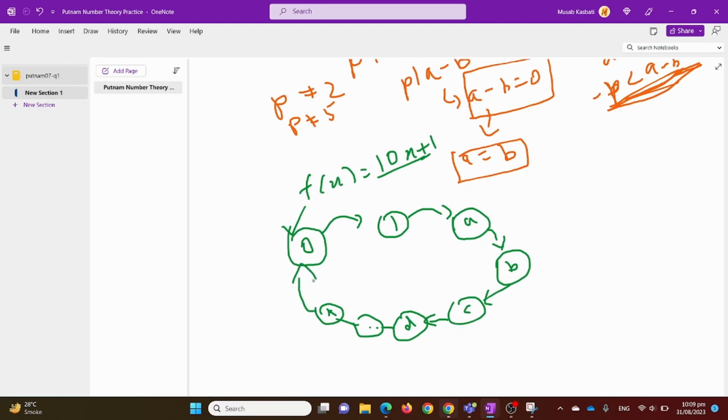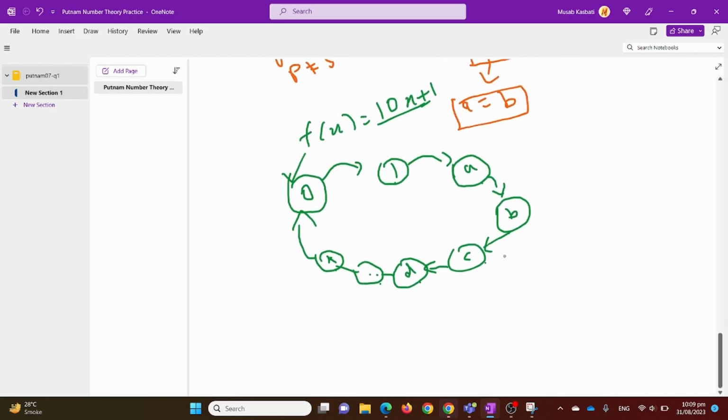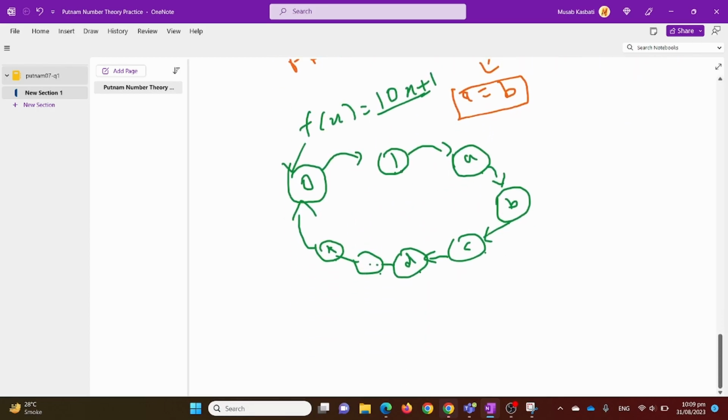The reason I know this will loop back to 0 is because, firstly, as I mentioned, all of these have to be unique, right? Because of the property I showed above. So if one remainder points to something, then no other remainder points to that, which indirectly also means that I can have no premature cycle.